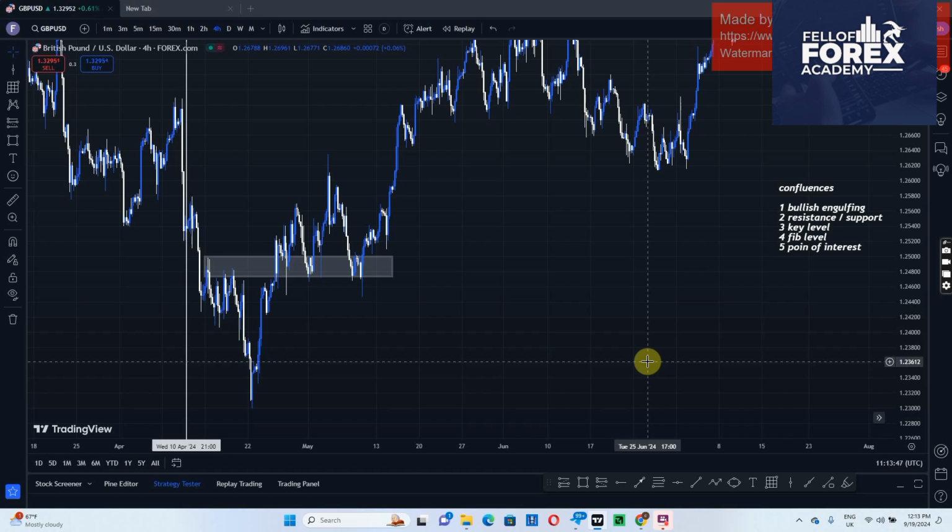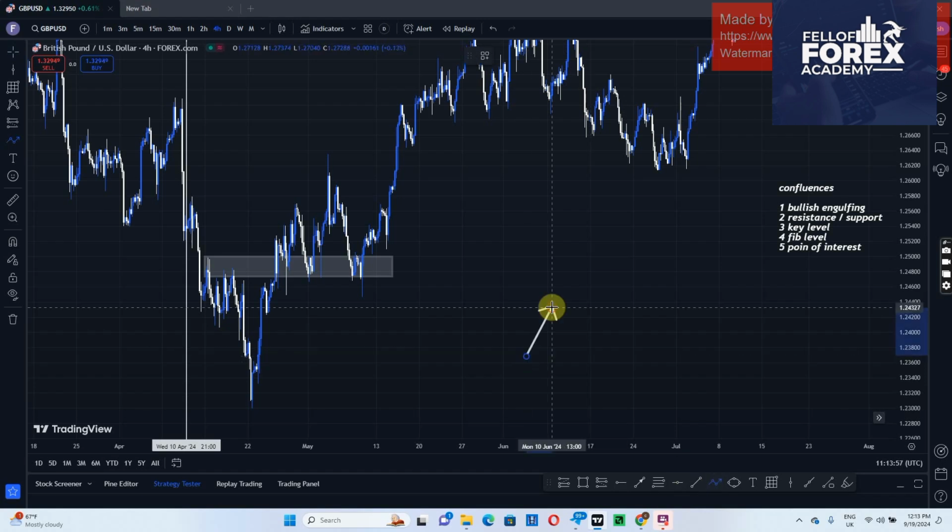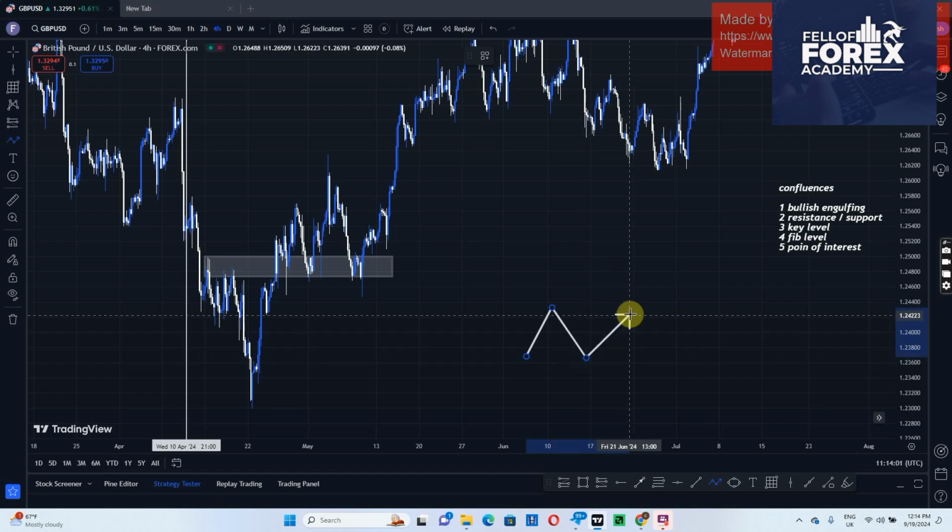The second is resistance. A resistance zone is where a zone, let me be explaining it with a drawing. Like this is our chart. Okay, how do we identify support and resistance on this chart?